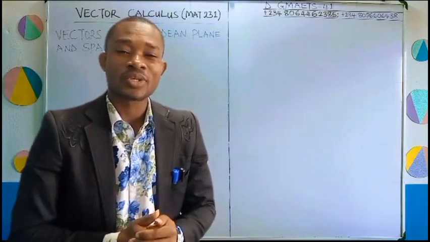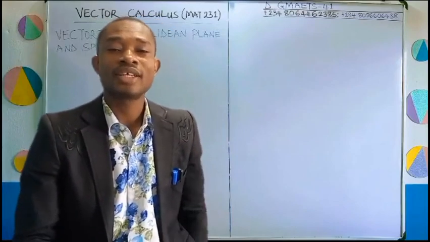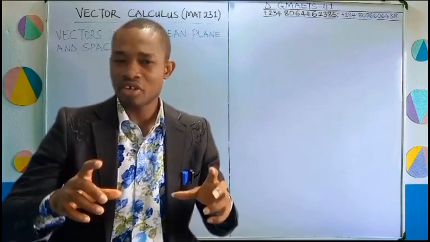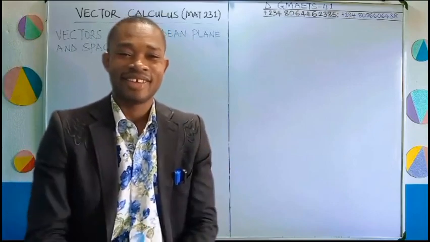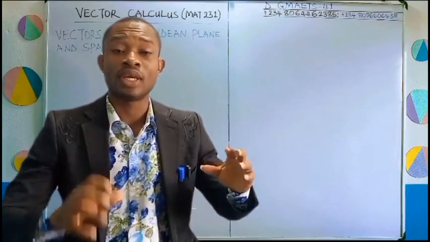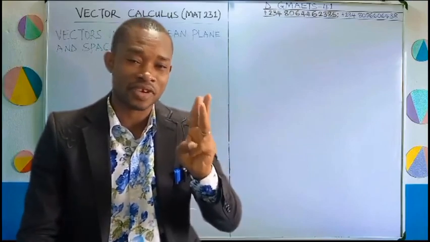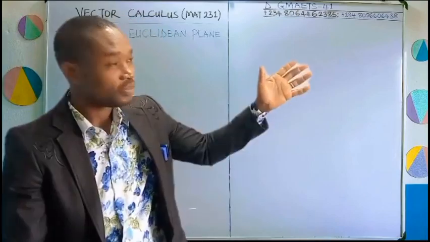Now, we also have vectors in 3 dimensions. And this is where the concept of Euclidean space comes into play. Vectors in 3 dimensions are vectors said to be in space, and they are defined by 3 variables. You can say the x, the y, and the z.